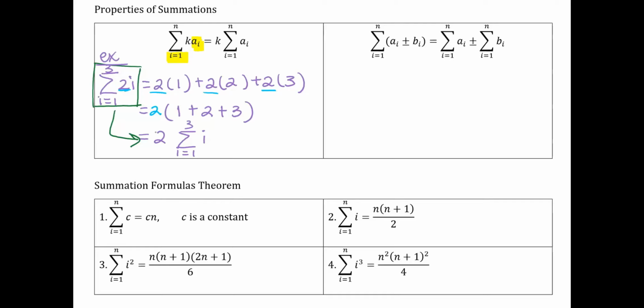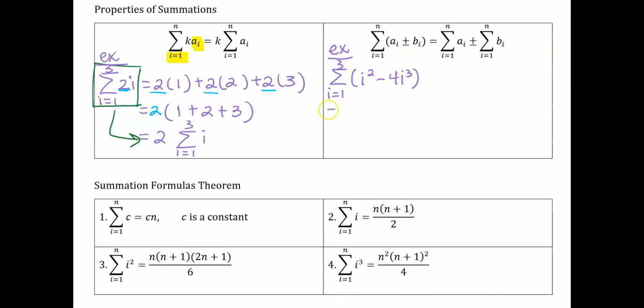Looking at the second property now, it basically says that if you're summing a sum or a difference, you can break that up into 2 separate summations and either add them or subtract them. So say, for example, that we have the sum from i equals 1 to 3 of i squared minus 4i cubed. So I'm going to expand out some of the terms of this summation to see what we get there.